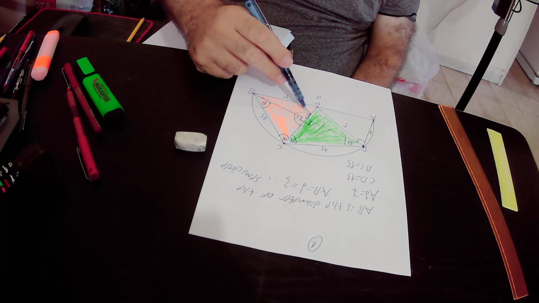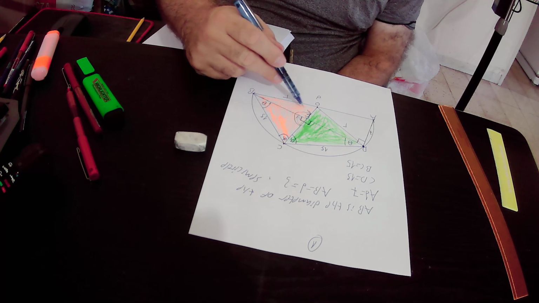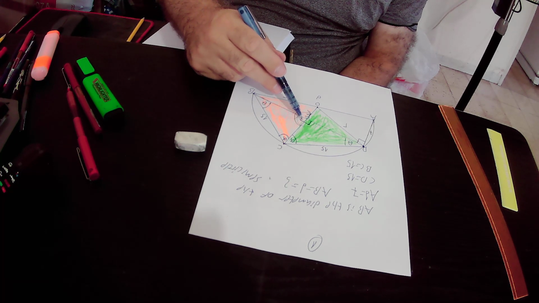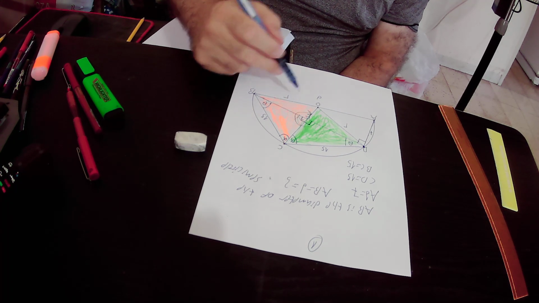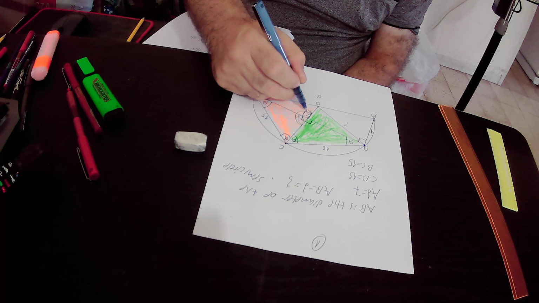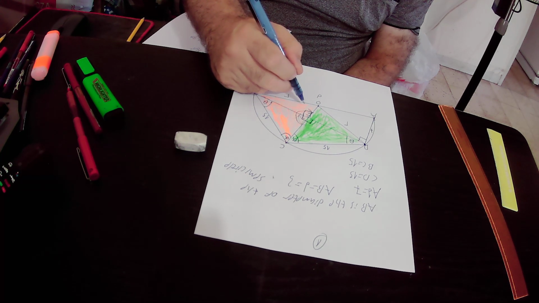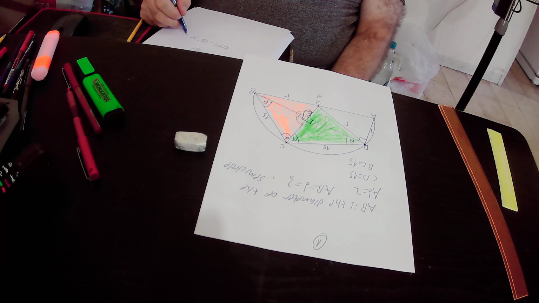So what is left here is that angle OEB must be equal to 180 degrees minus this angle that is 90 degrees. 180 degrees minus 90 degrees equals 90 degrees. So angle OEB equals 90 degrees.